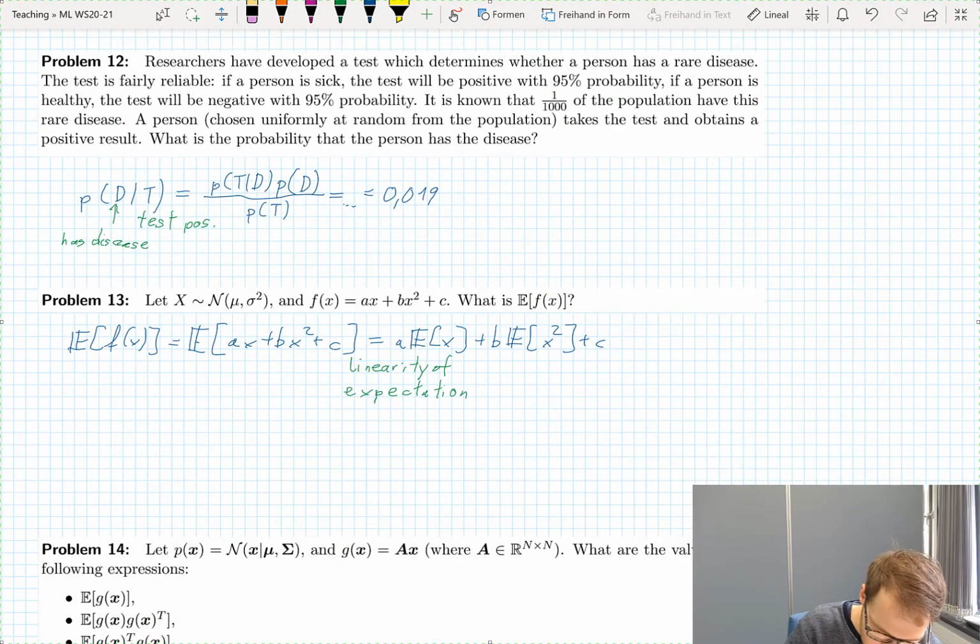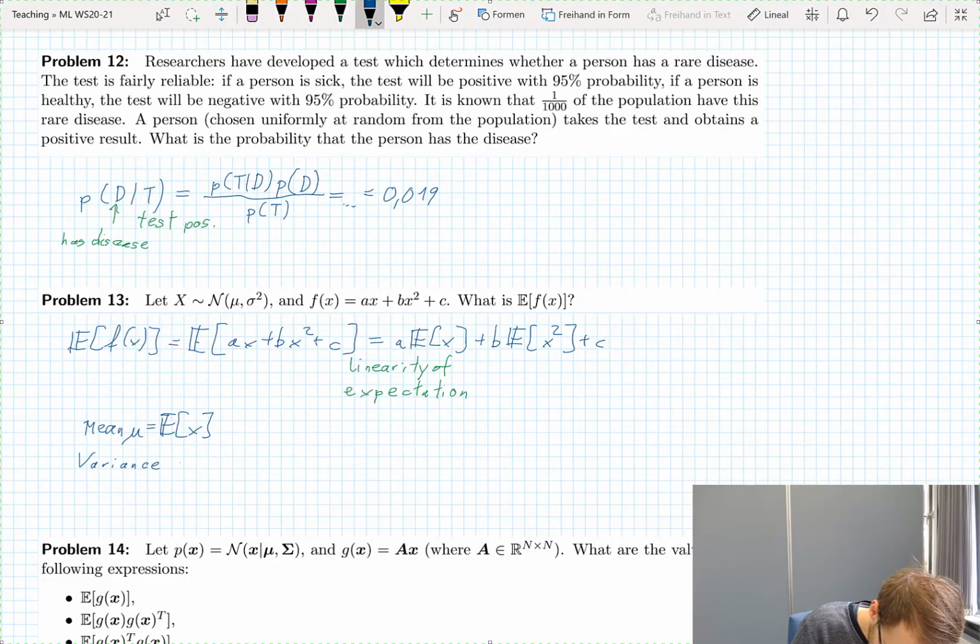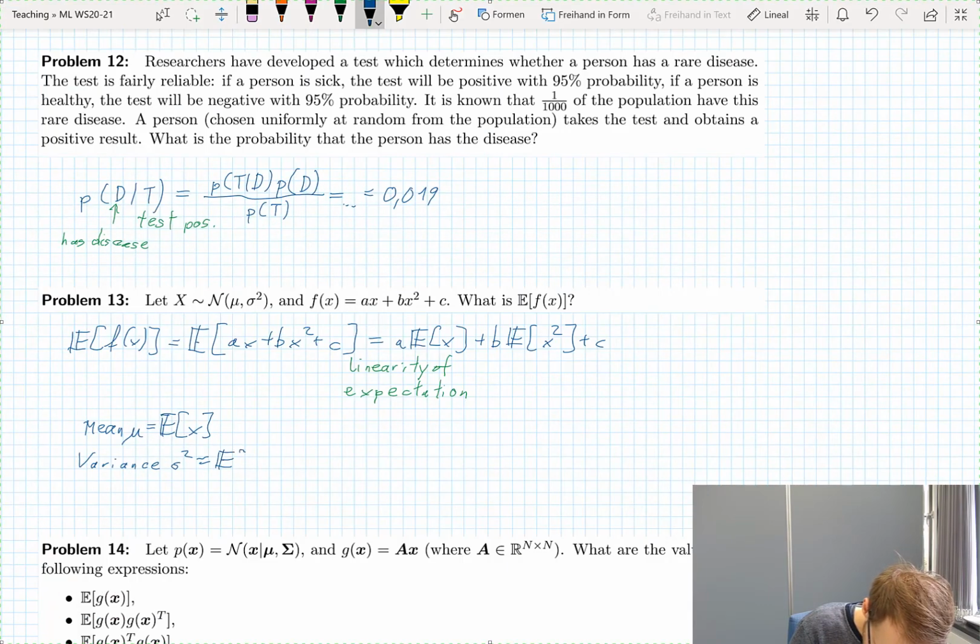Right, let's actually write this up separately. So the mean mu is the expectation of x, and the variance sigma squared, where sigma is the standard deviation and sigma squared is the variance, is the expectation of x squared minus the expectation of x, squared.